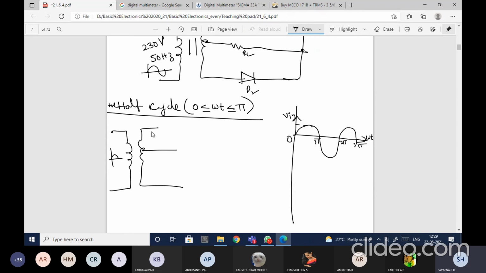Center tap. This is diode D1. Let me just take this first circuit.